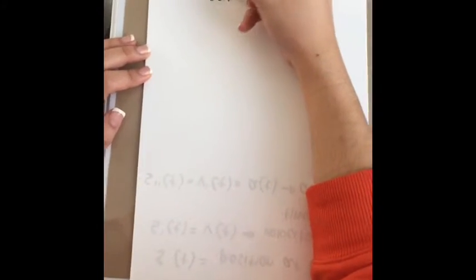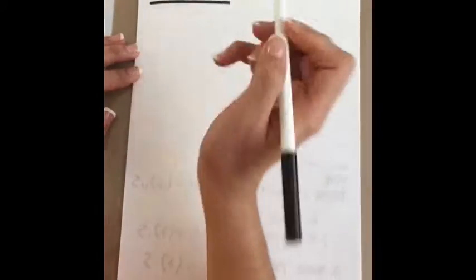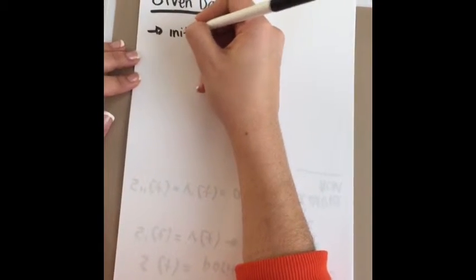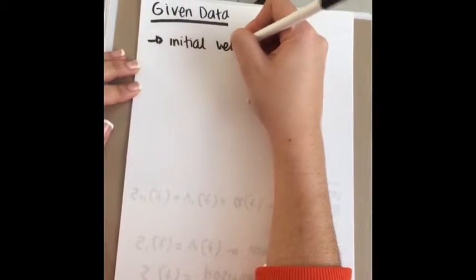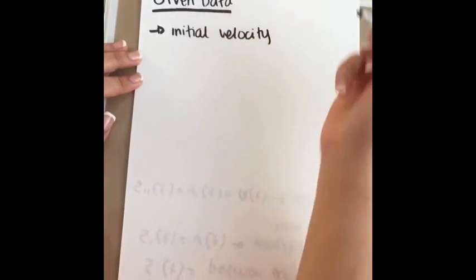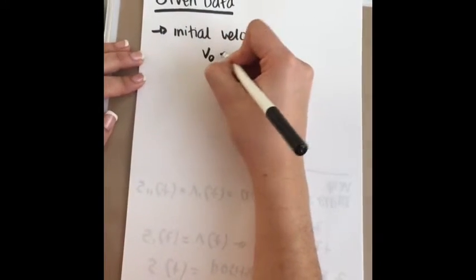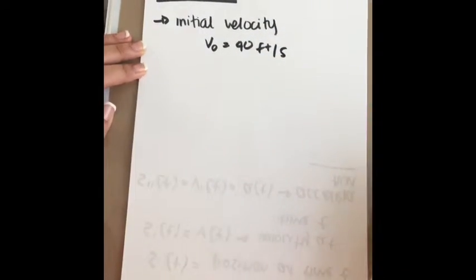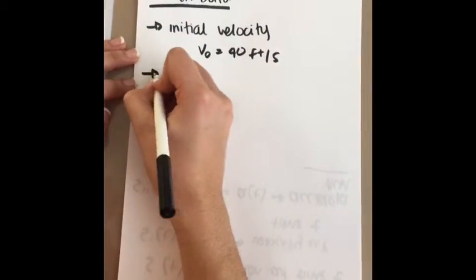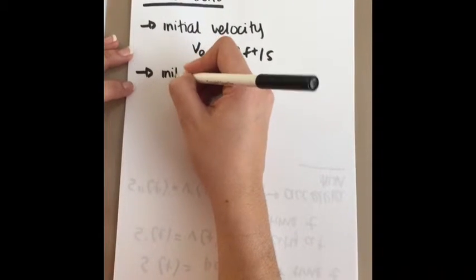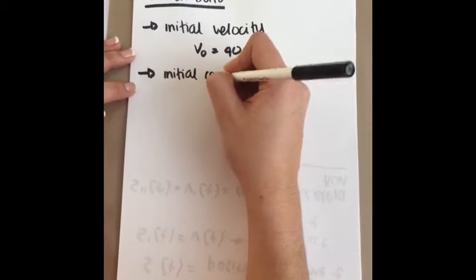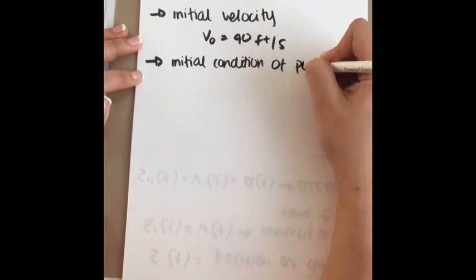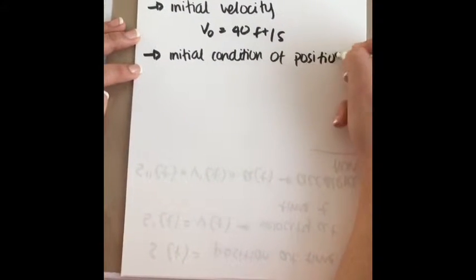Now the given data that we have is, first, the initial velocity, which is velocity at 0, it's 40 feet per second. Then we have our initial condition of position, which is where we are at.